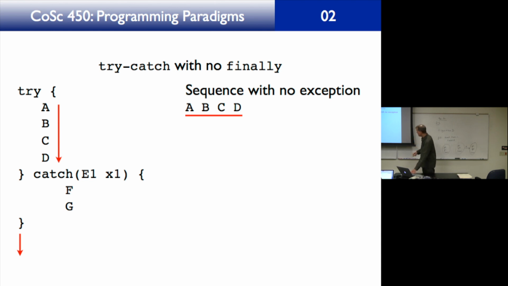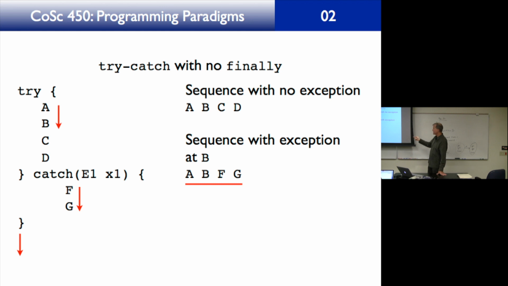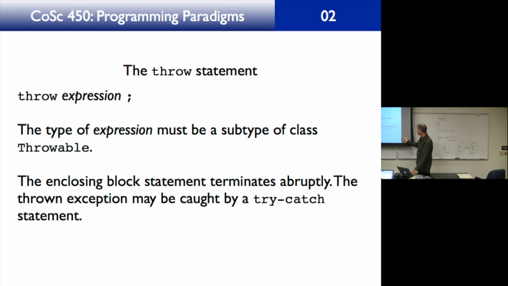On the other hand, if an exception happens at B, then we have what we called an abrupt termination. The enclosing block statement terminates abruptly.